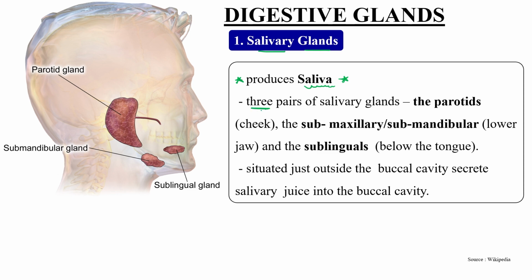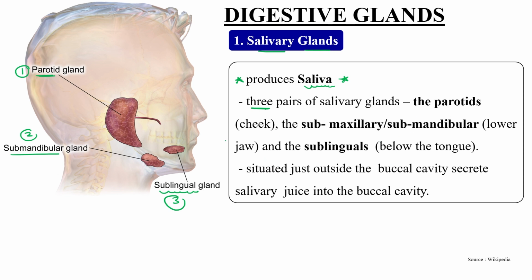There are 3 pairs of salivary glands: the parotid gland, then the submandibular gland, and the sublingual gland.